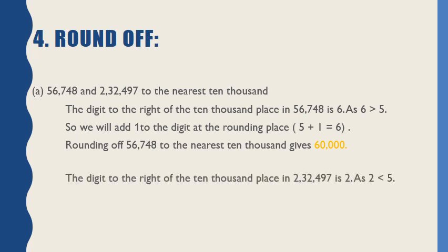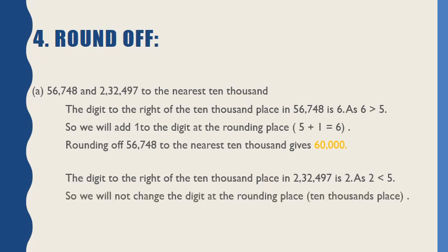Now children, let's move to the second number, which is 2,32,497. The digit to the right of the 10,000 place in 2,32,497 is 2. 2 is less than 5. So, we will not change the digit at the rounding place, which is the 10,000 place.